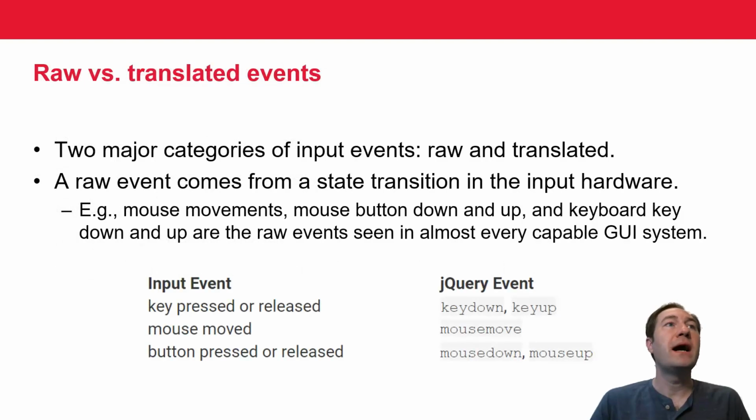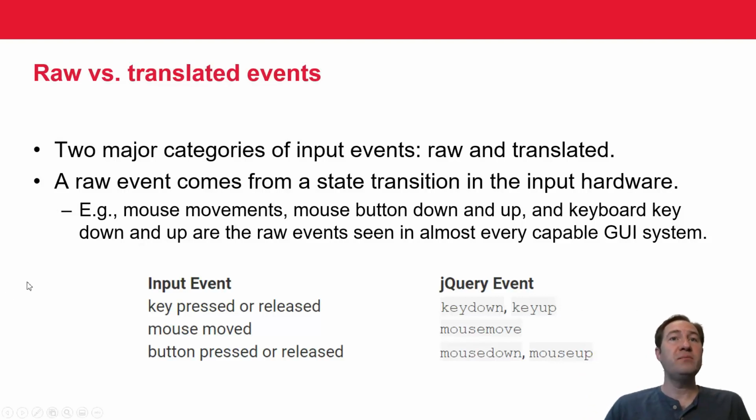Okay, so two major categories of input events, and this is a pretty important distinction: the raw and the translated versions. Raw events come from the state transition in the input hardware, so your mouse or your keyboard, and specific bits of your mouse and your keyboard. The buttons being down or up are distinct events with the mouse.